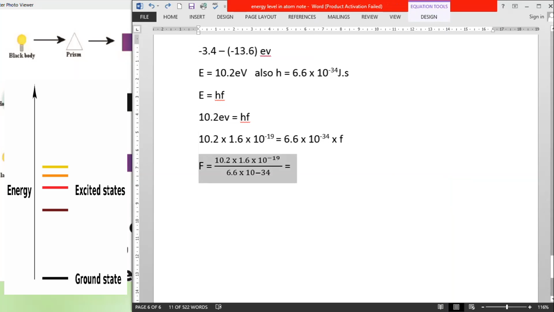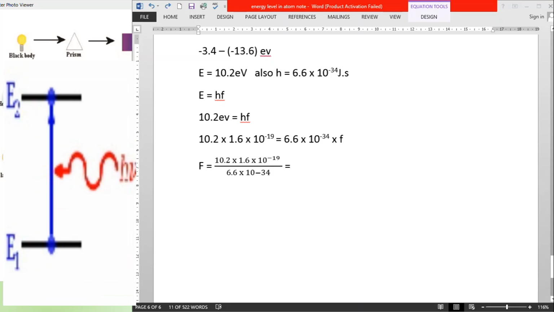So if we make f the subject of the formula here, we will be having 10.2 times 1.6 times 10 raised to power minus 19 equals 6.6 times 10 raised to power minus 34 times f. This is 10.2, which is the energy.